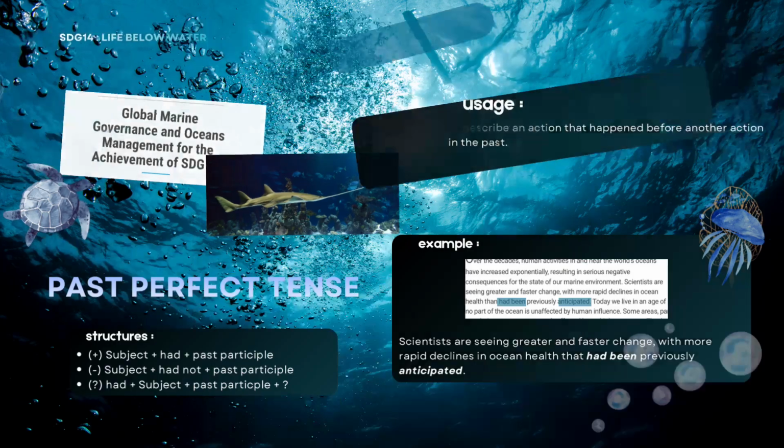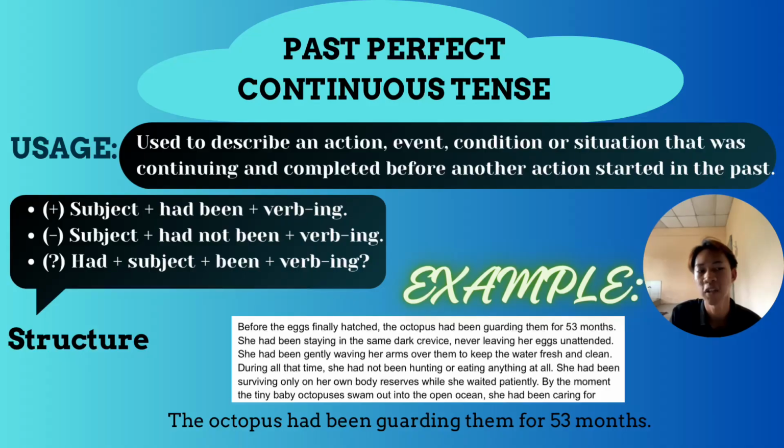Let's talk about past perfect continuous tense. We use this tense to describe an action that was continuing for some time, then finished before another action started in the past. Here is the sentence structure. To describe it in a positive way, we use subject plus had been plus verb in ing form.